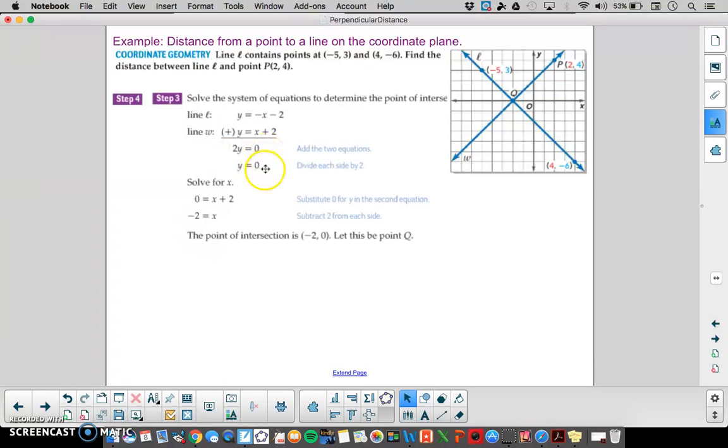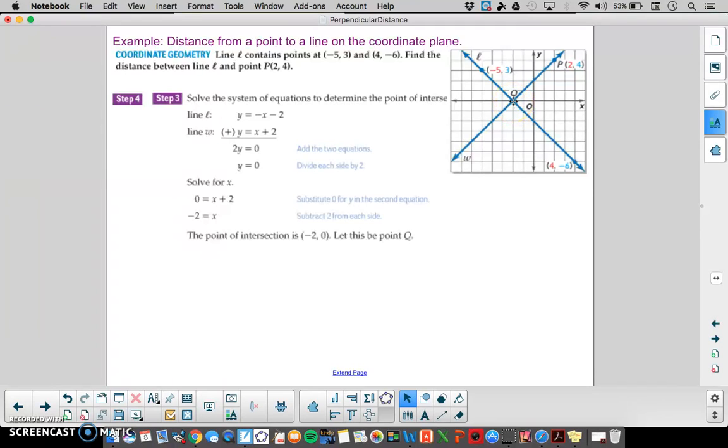Divide by 2, so y is 0. So the y value of point Q, or the intersection of our line L and W, is 0. And then we need to solve for x, so we plug 0 back in for y, and 0 = x + 2. Subtract 2 from both sides, and we get x = -2. So that's our point of intersection.